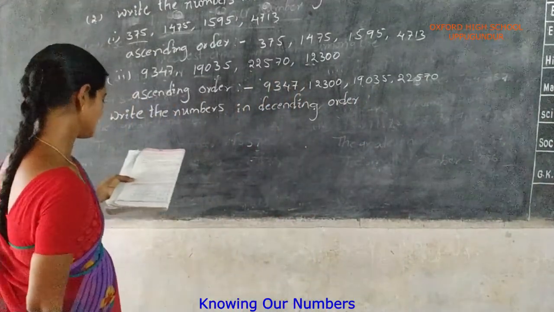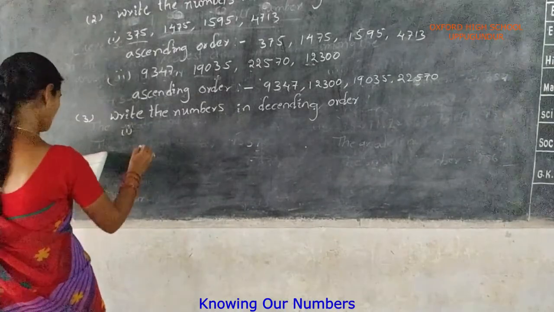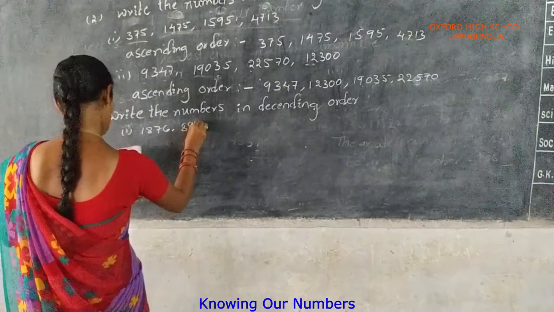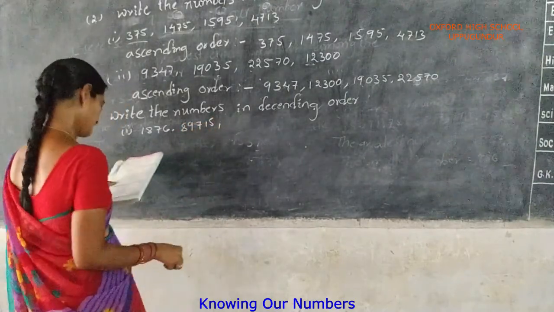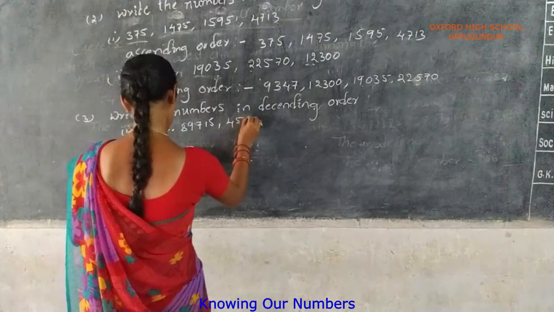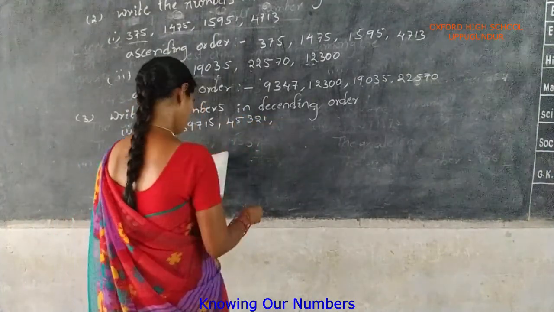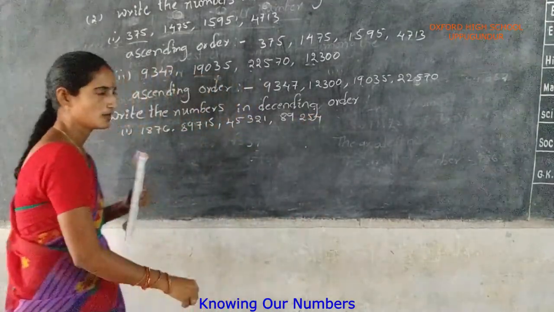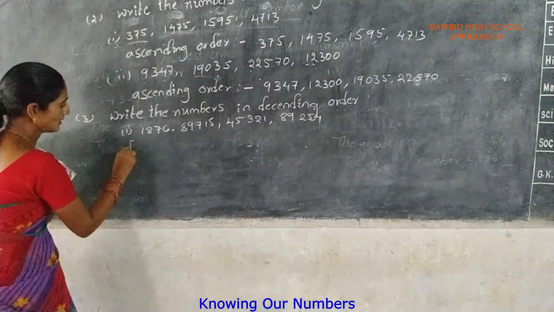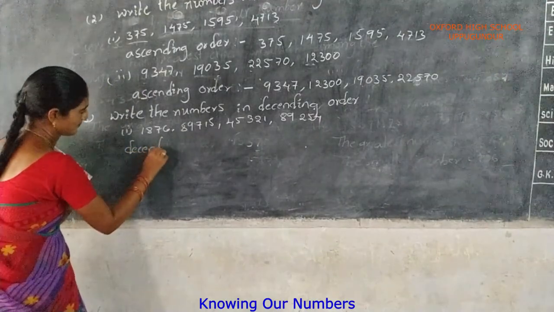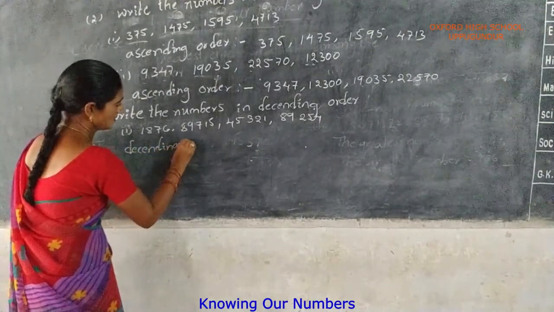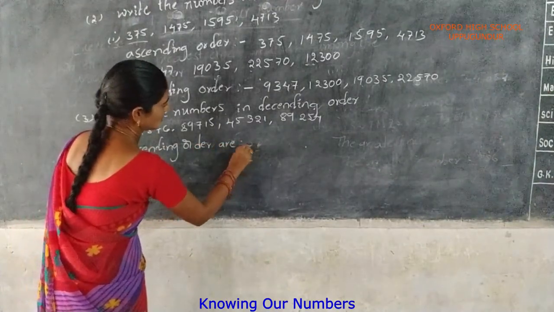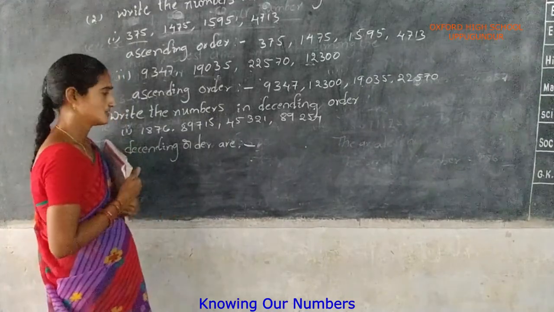First one is 89,876, 89,715, 45,321, 89,254. Descending order means big to small.